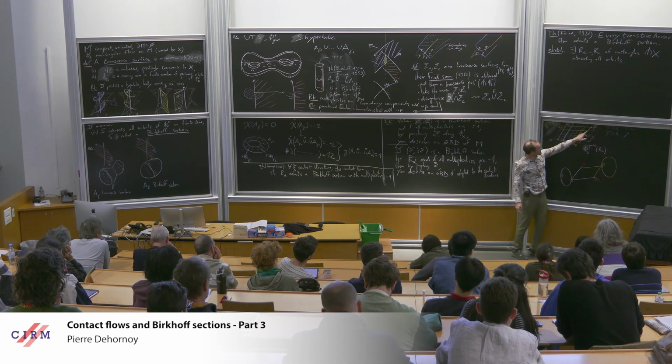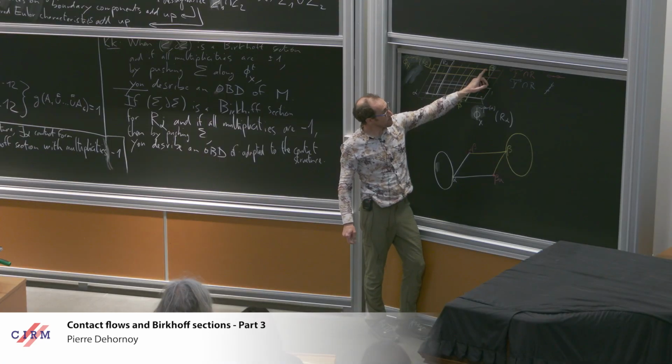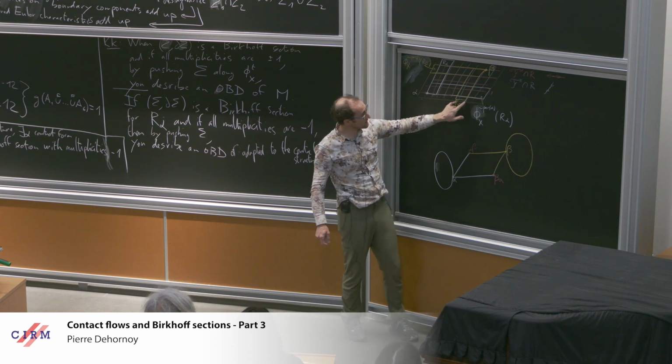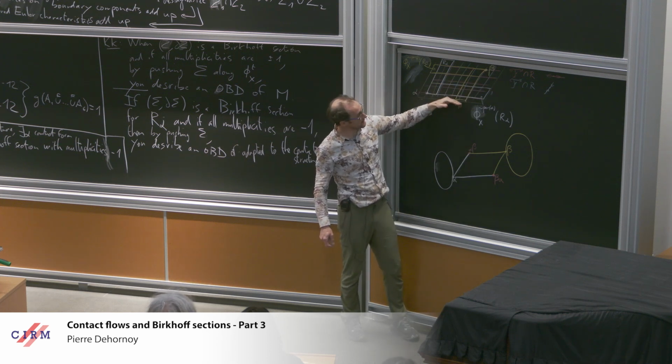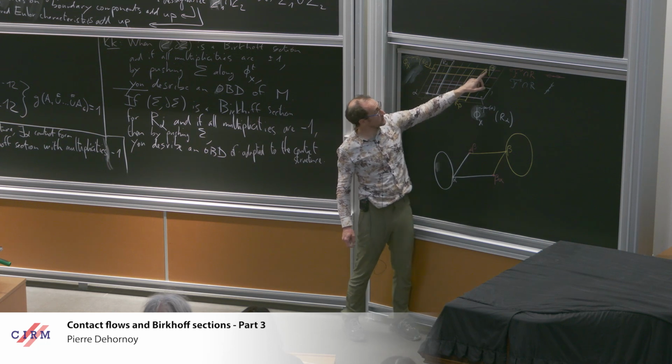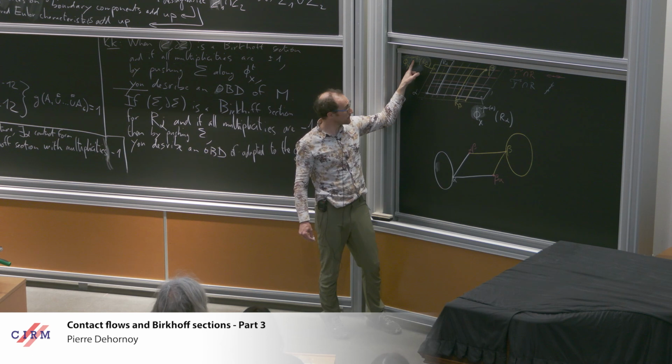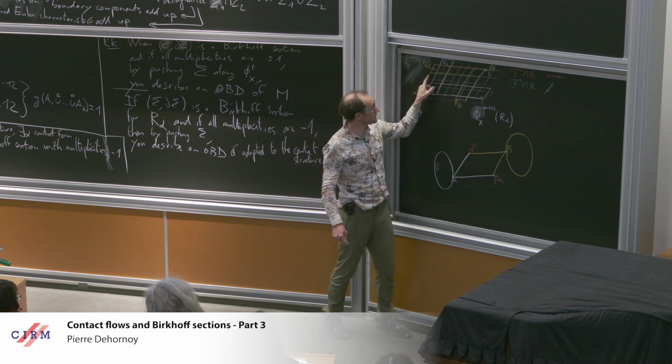Okay, I play the same game with the periodic orbit beta. So for beta, I put a rectangle that is small in this direction and goes up to this boundary, say, and I push it for a period which is approximately the period of beta. So you push it and you see this rectangle here.